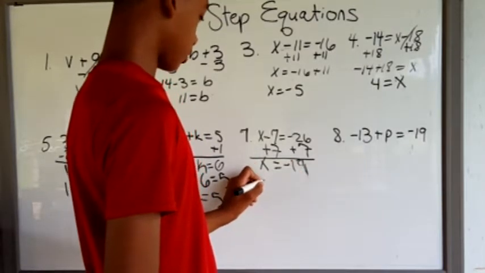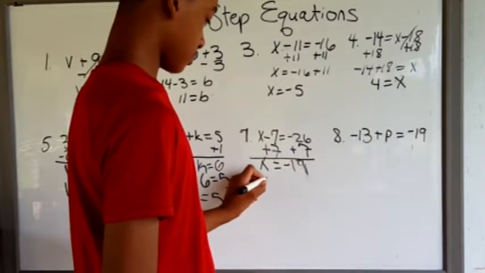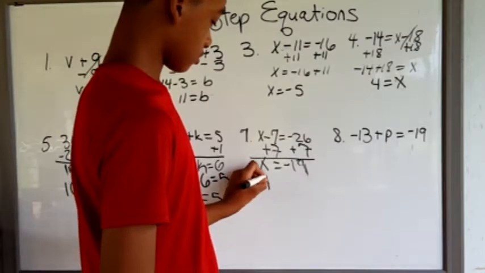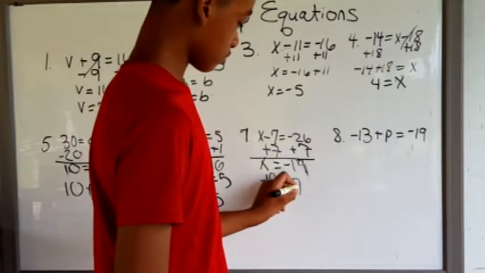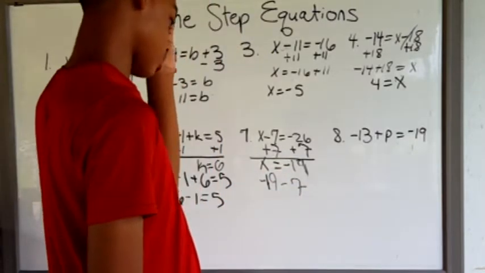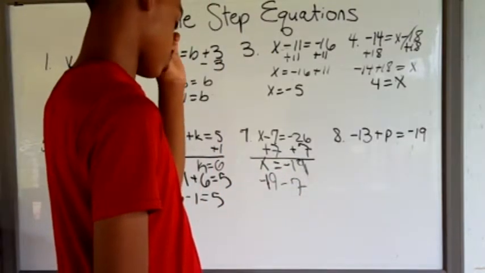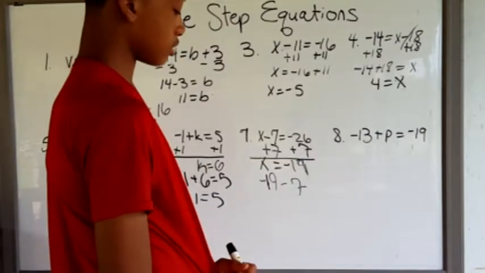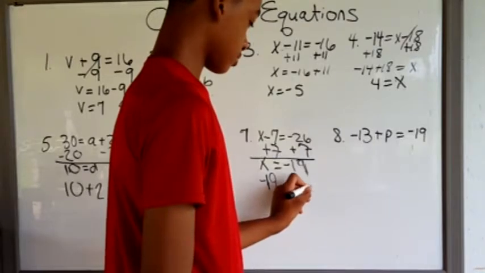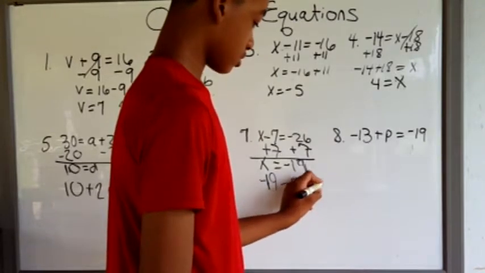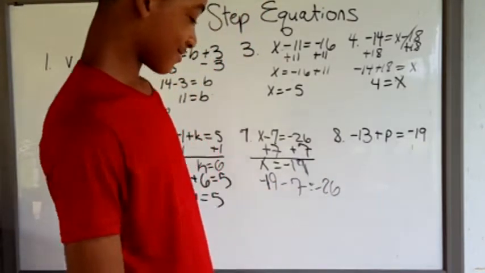So if you plug it in, it will be negative 19 minus 7, which is the same as negative 19 plus negative 7, is going to equal negative 26.